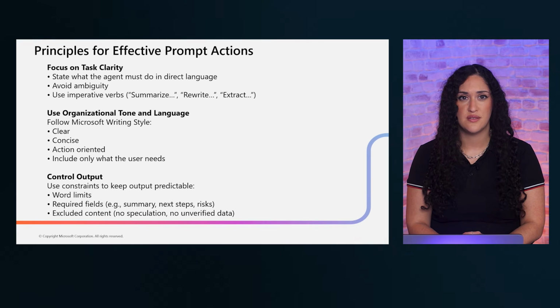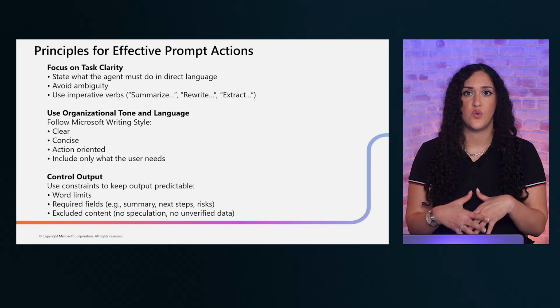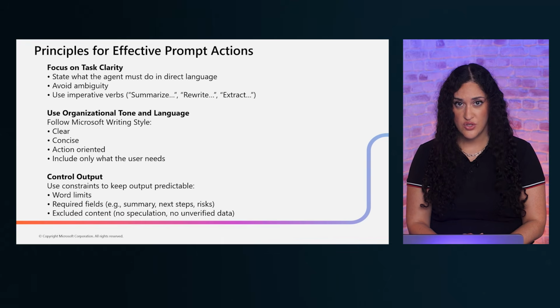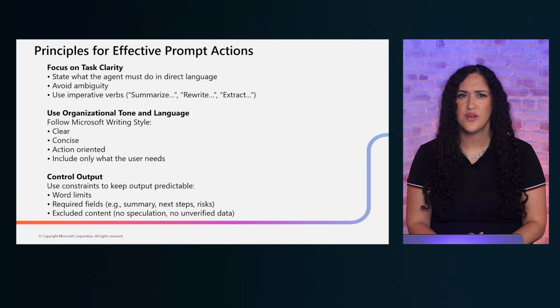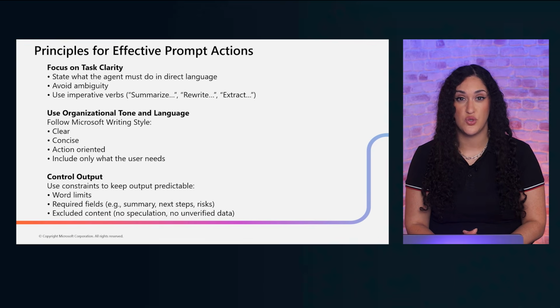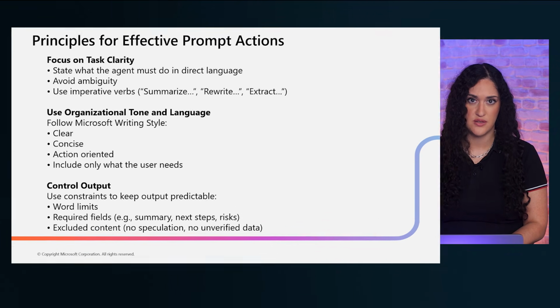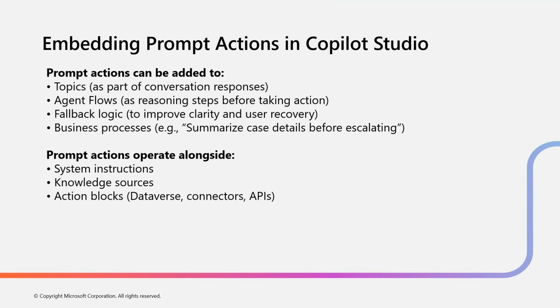Third, control the outputs. Set word limits, define required fields, and specify what content to exclude. These constraints might feel restrictive, but they're what make the difference between an agent that produces reliable output and one that generates unpredictable responses.